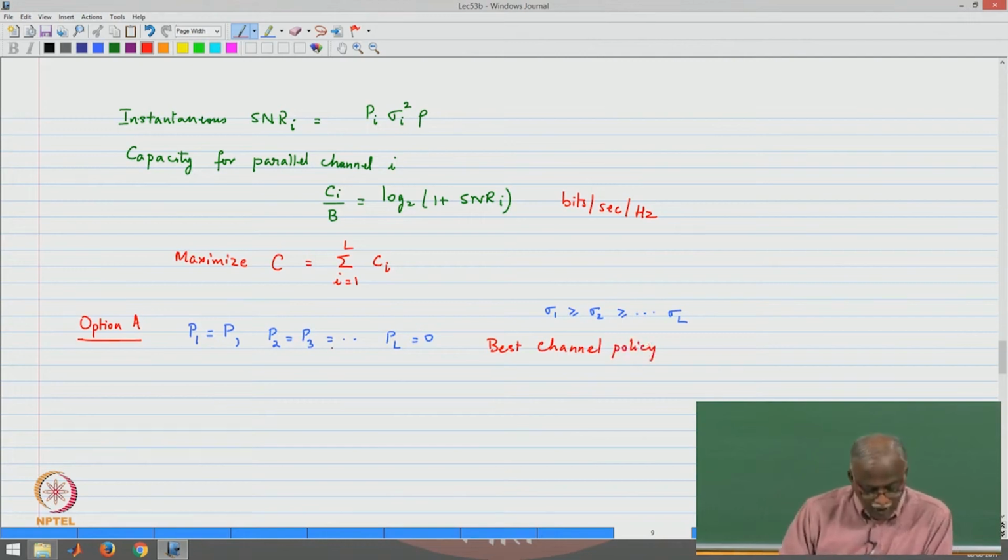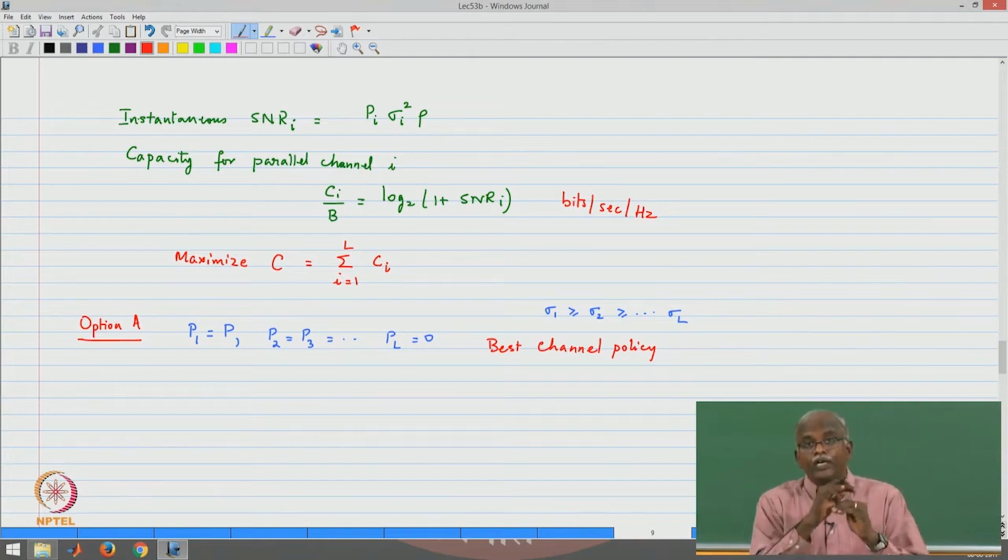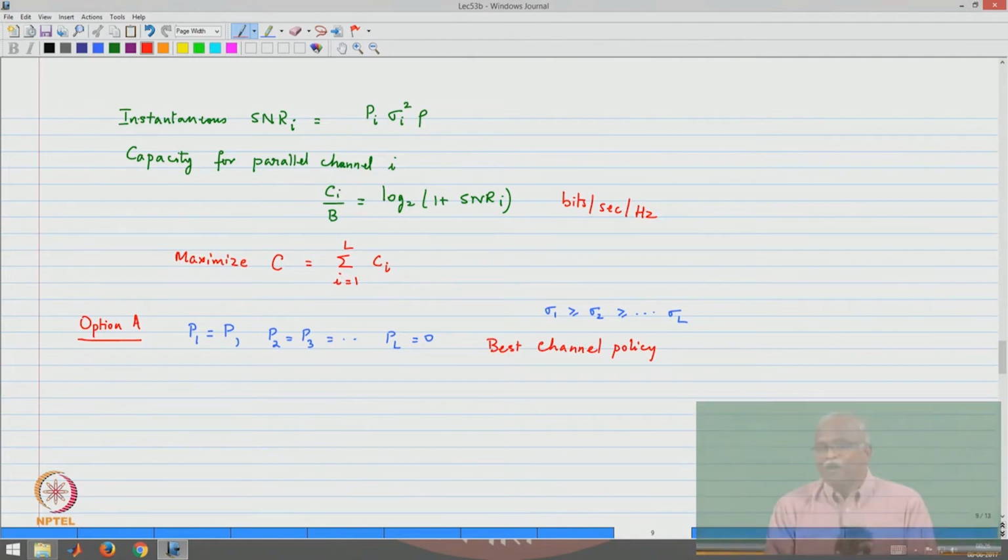Okay. Now, this is also a way of saying that we are going to transmit only on the strongest eigenmode. Now, previously from our discussion of the capacity of wireless channels, we know that though this has some attractive features, only one channel is transmitting, but we find that this may not achieve the best performance compared to allocation across all channels.